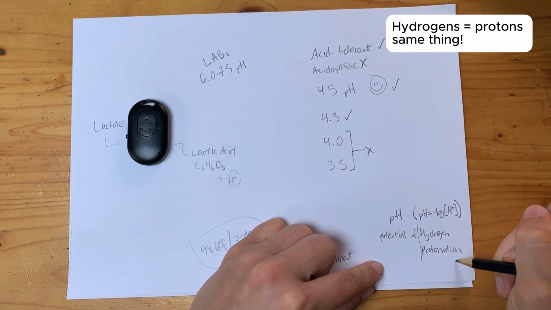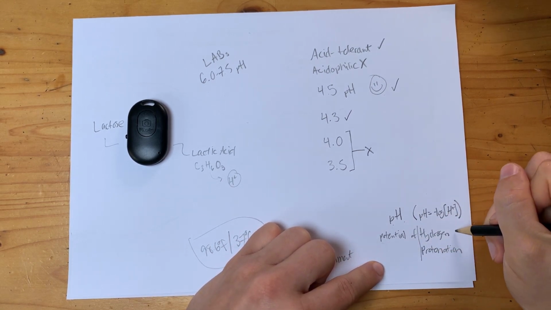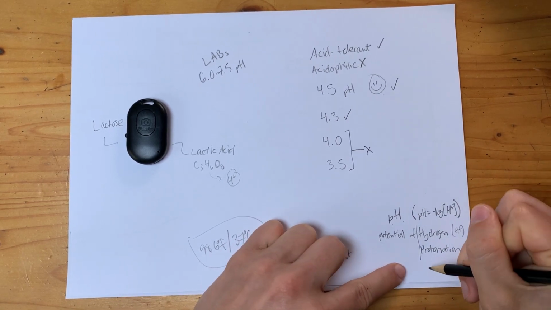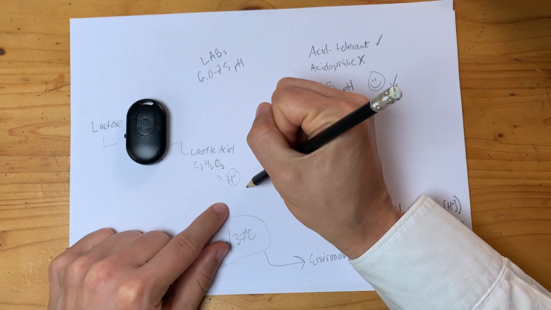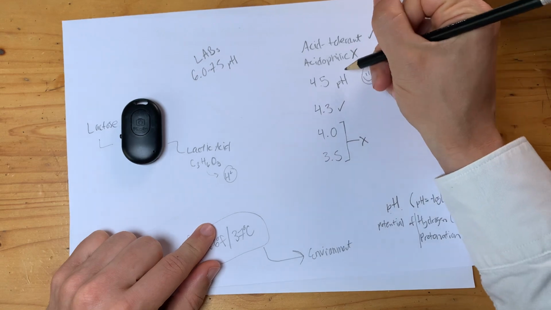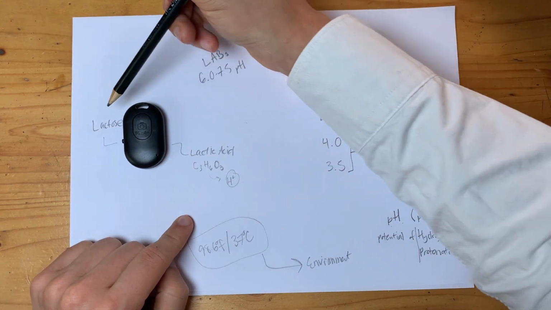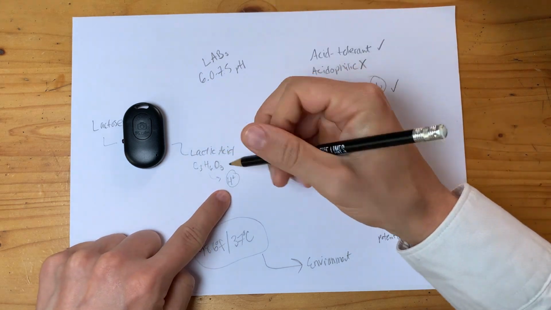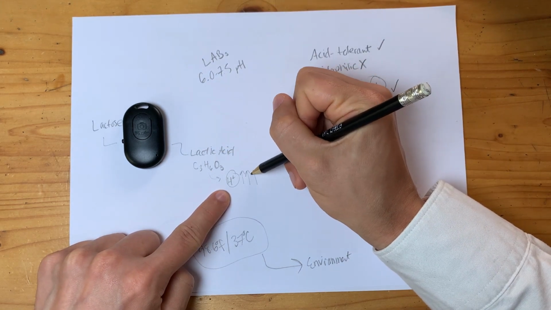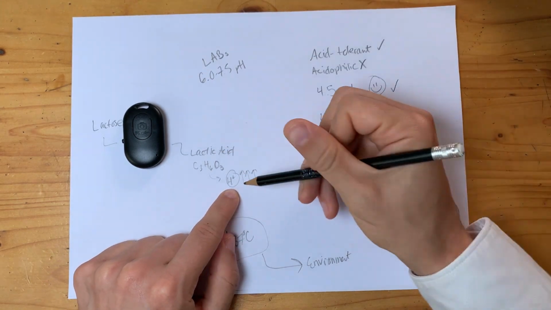So making of protons, more hydrogen, more acid. And so the lactose microbe makes lactic acid, gets more of these. This gets more acid.